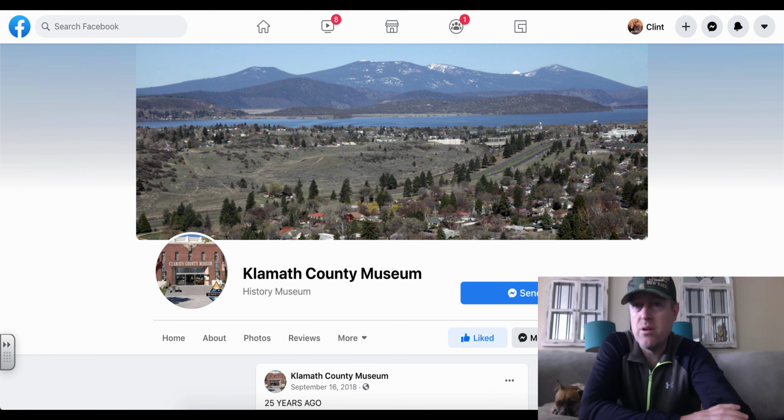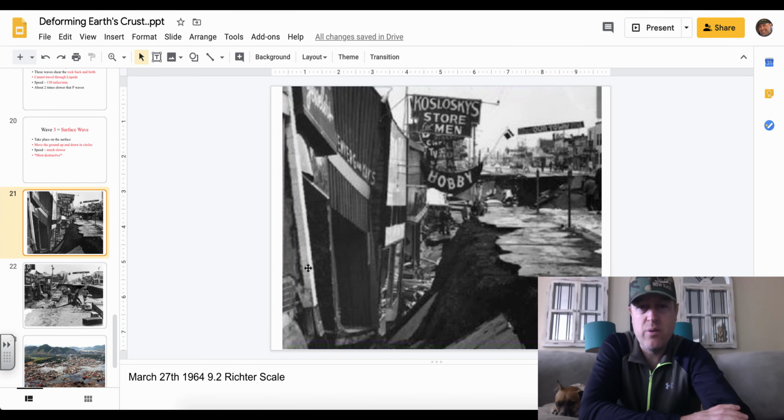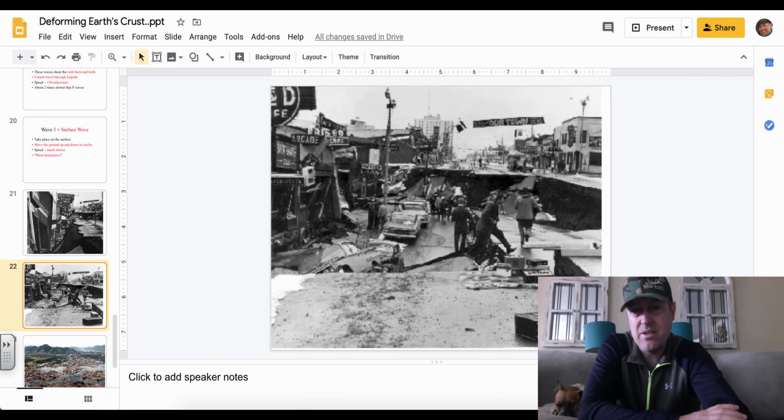What are some larger earthquakes that have been around? Well, this is the 1964 earthquake in Alaska. This deformed the ground about 20 or 30 feet. This was a 9.2 on the Richter scale, and look at this crazy damage.